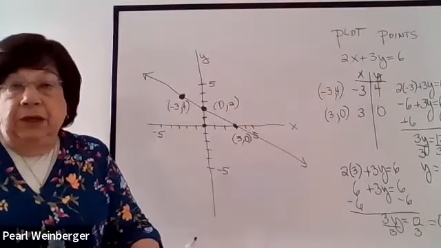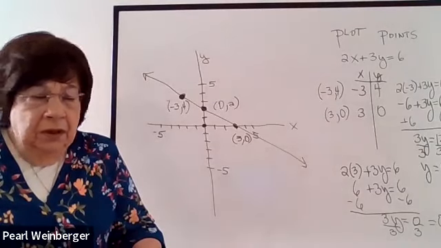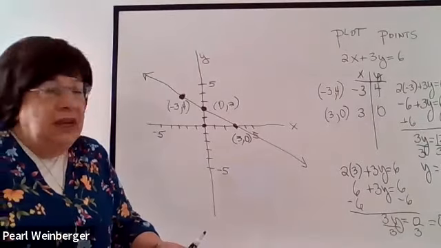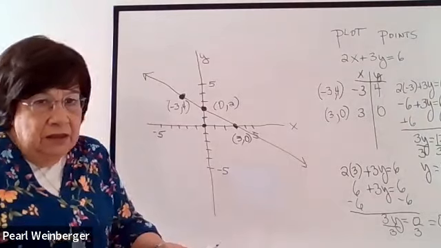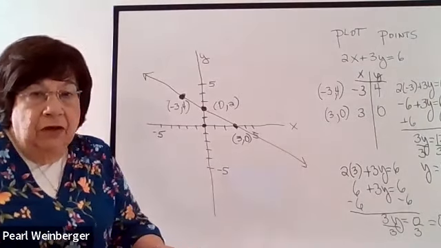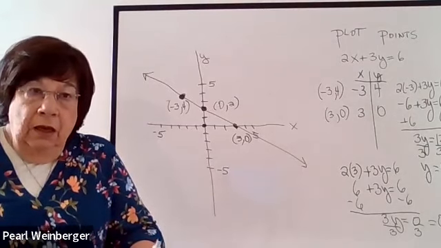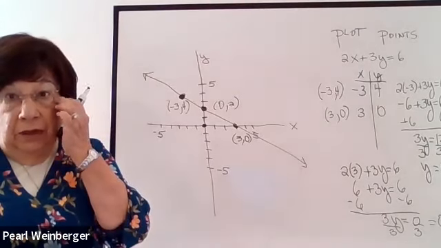It happens to be a pretty, I won't say complicated, it's not so much complicated, just takes a lot of time. Plotting points is not the easiest way to find the graph of the line. Let me show you one other method that we could use.